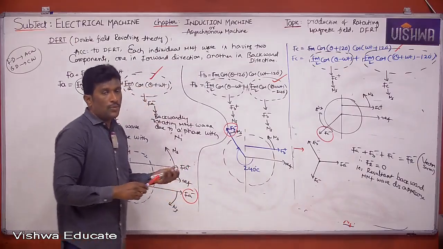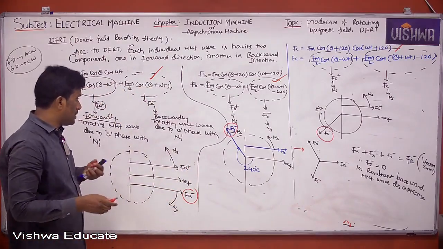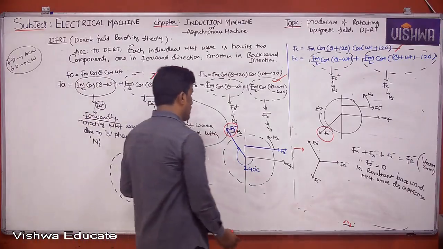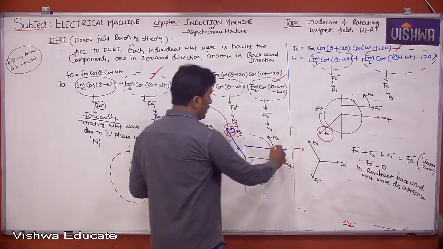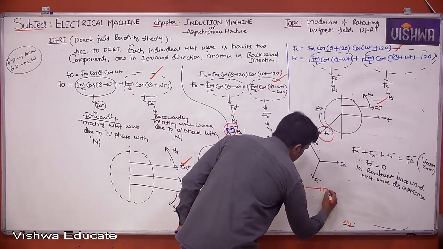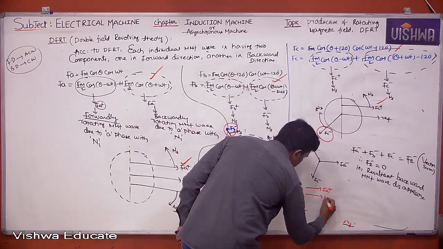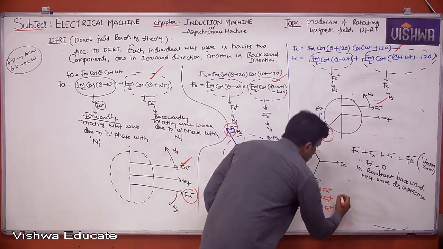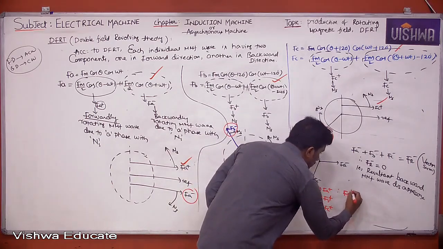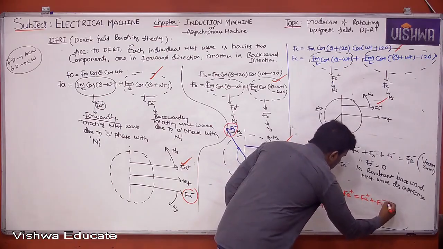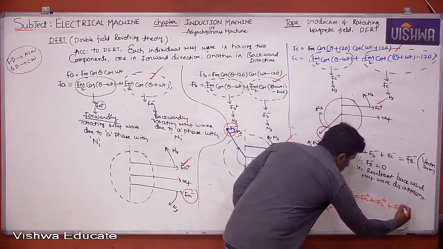Now let us see what about the forward components. FA plus, FB plus, FC plus. They are in phase vectors. Therefore, FR plus is equal to FA plus plus FB plus plus FC plus.